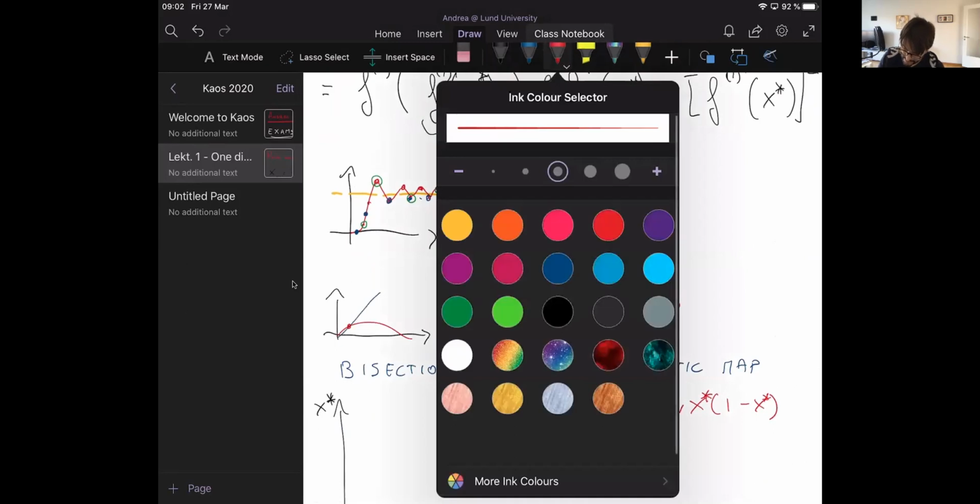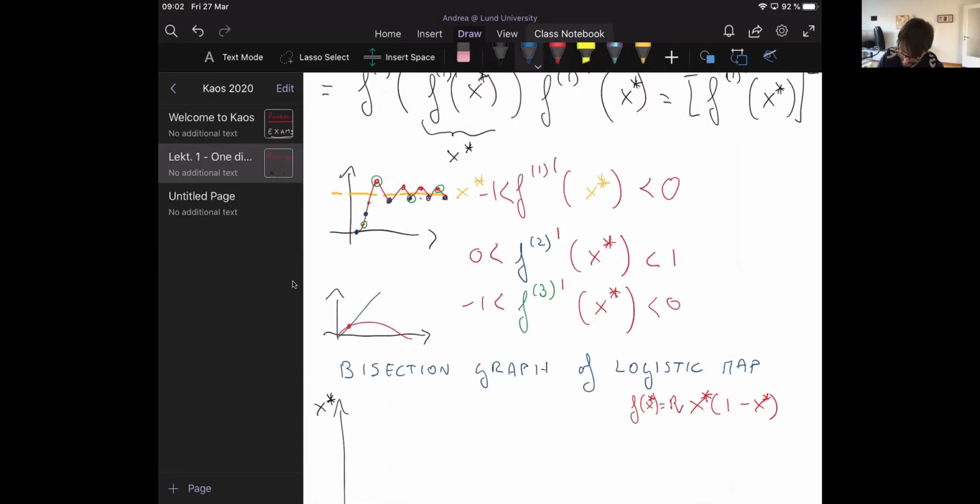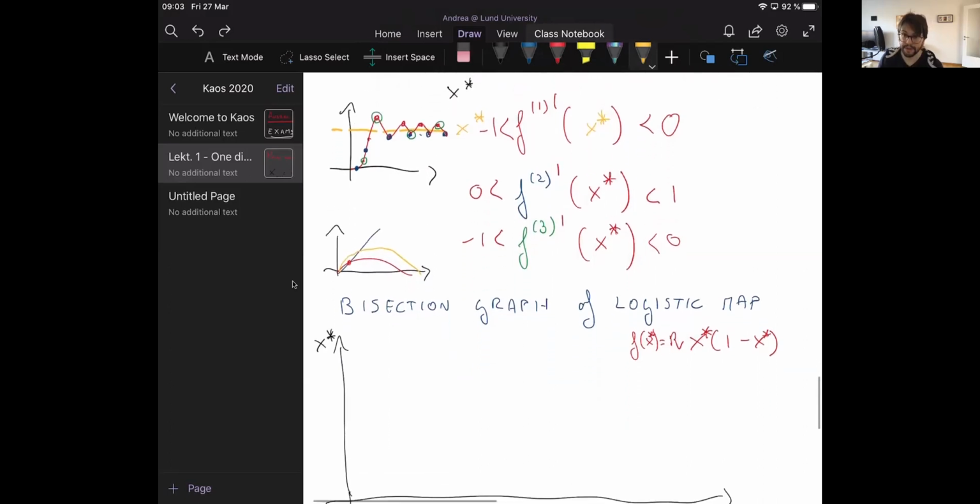If the R is slightly larger, so let's use this other color, the fixed points will be higher, and so on and so forth. So the larger my R, the higher the fixed point goes at the beginning.